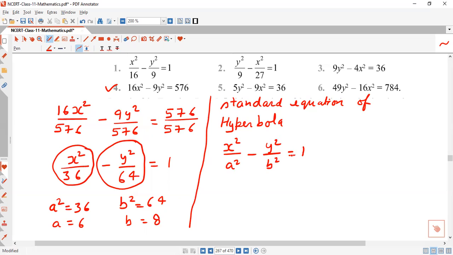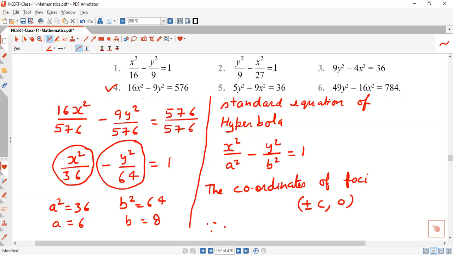It means that because a square lies below the x square, both the foci will lie on the x axis. So the coordinates of foci will be plus minus c comma 0.